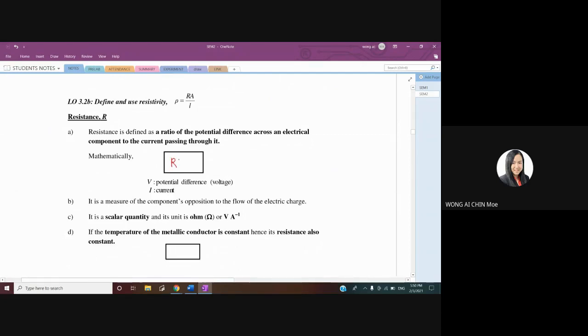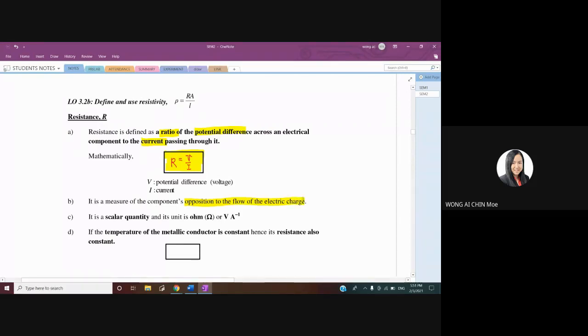So V equals IR, meaning that R is equal to V over I. I is the current. And it's a measure of the component's opposition to the flow of the electric charge.